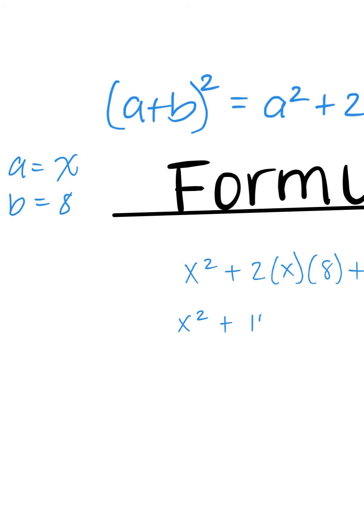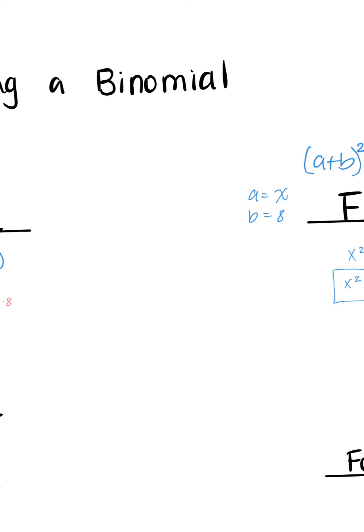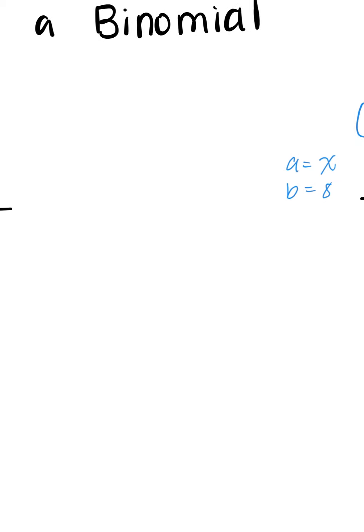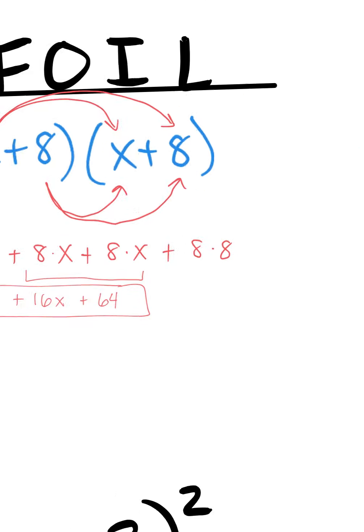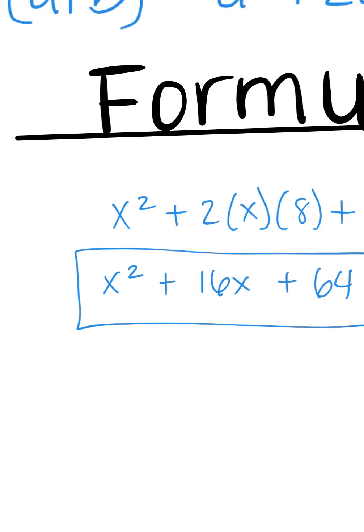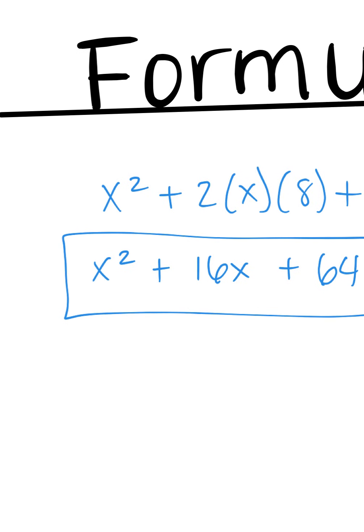Anderson? Plus? What do you notice? It's the same answer. Is that good? That's great, okay? If you get the same answer here as you do over here, that is awesome. Okay? You always want to have the same answer because the formula should just reinforce what the FOIL method already told us.